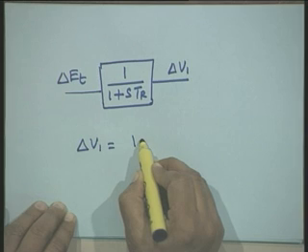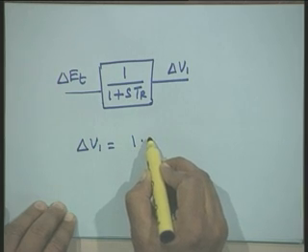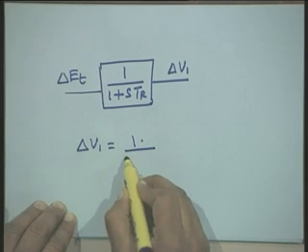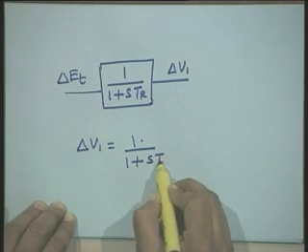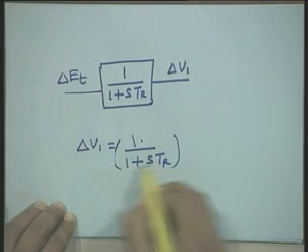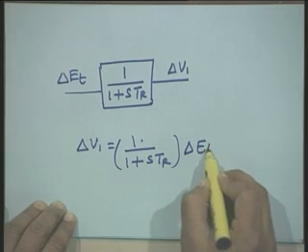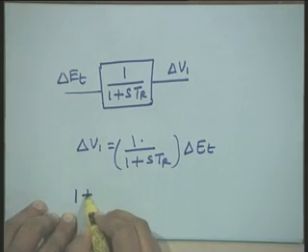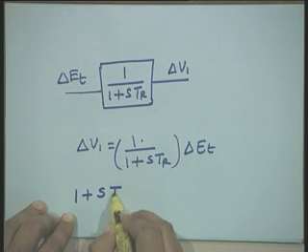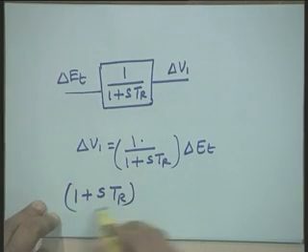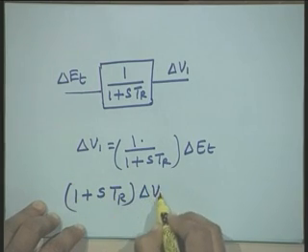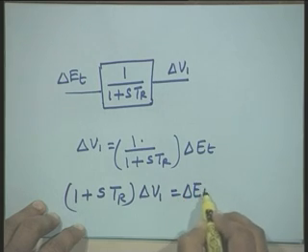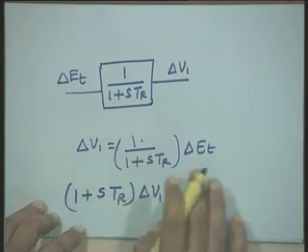1 over 1 plus S times Tr into delta Et, or you can write 1 plus S times Tr into delta V1 equal to delta Et. Very simple, right.